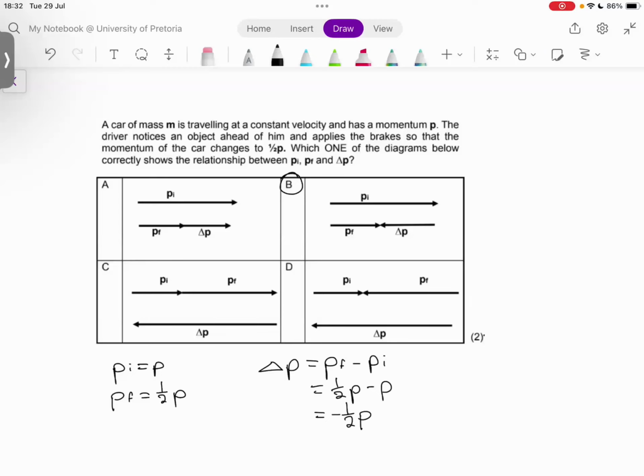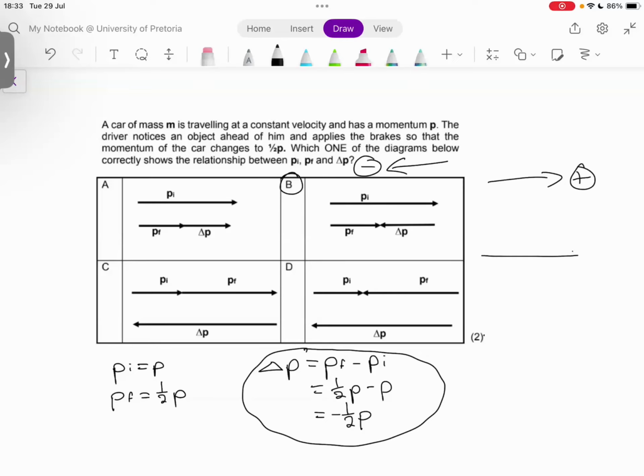Cool. What do we know about momentum? Momentum is a vector, so it has magnitude and direction. If we look at the options given, we have to relate what we've just found to one of the answers. If we're taking the right as positive and the left as negative, let's see what we end up with. I'm going to start off by just drawing P. So P is just this line over here.